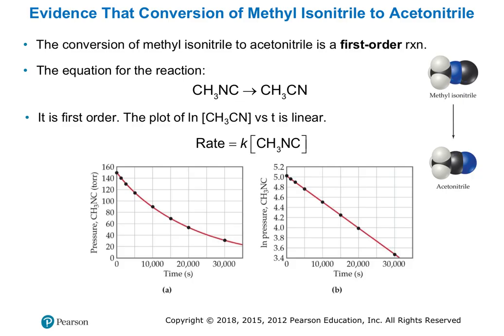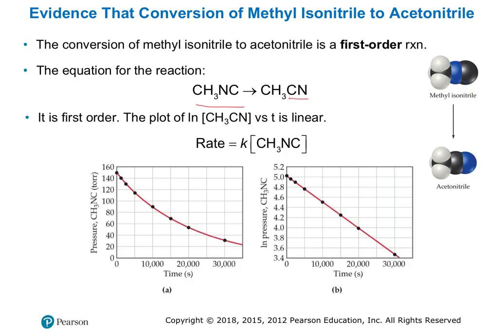So let's look at this reaction here. We have conversion of methyl isonitrile, CH3NC, going to acetonitrile. So basically the carbon and nitrogen are just switching spots. And this has been determined experimentally to be a first order reaction.